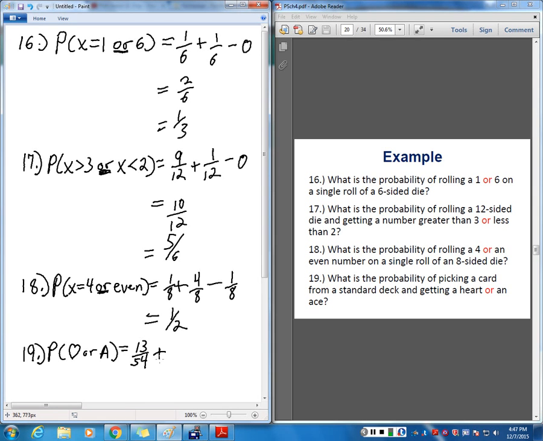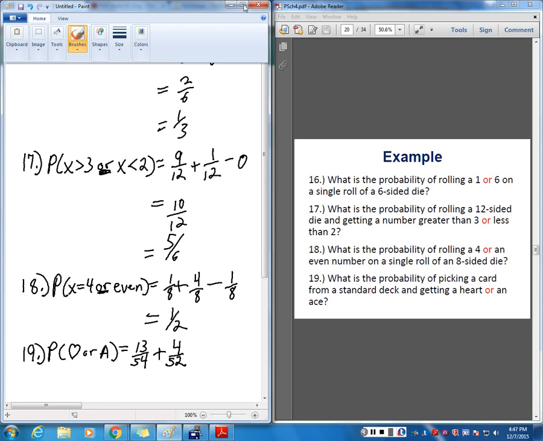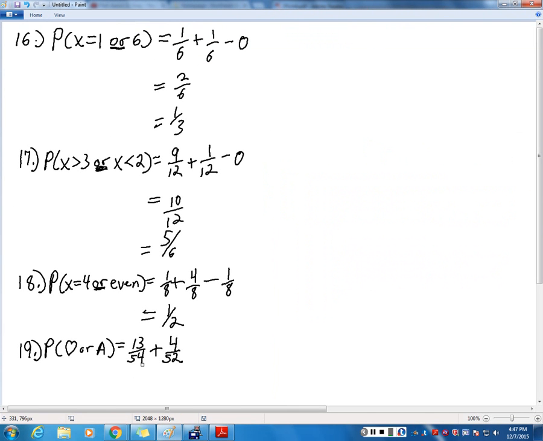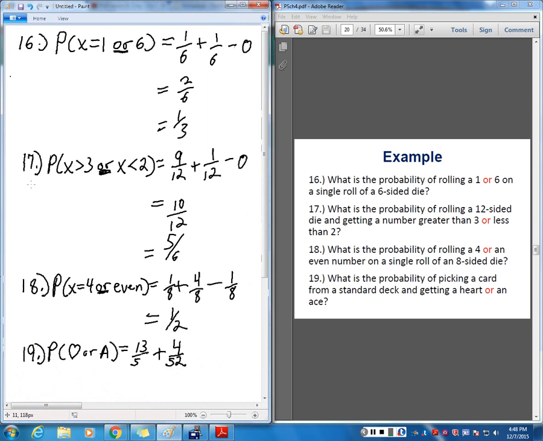Or tells me to add, how many aces are there in a standard deck? That would be 4 out of 52. Oh, my mistake, I have a typo there. First denominator is 52. There we go.